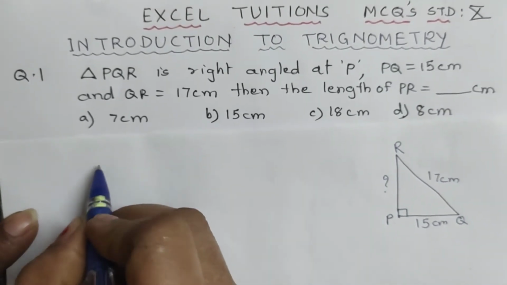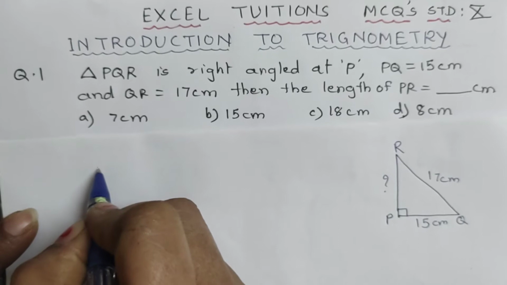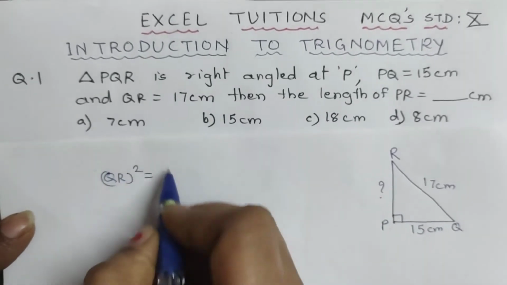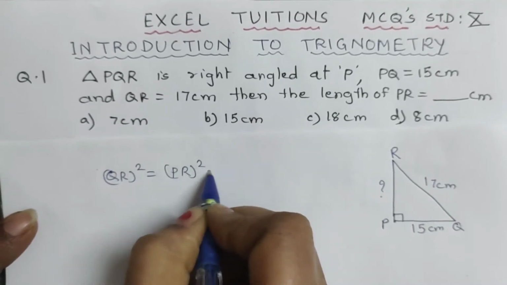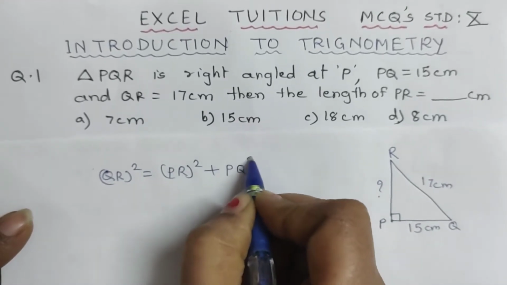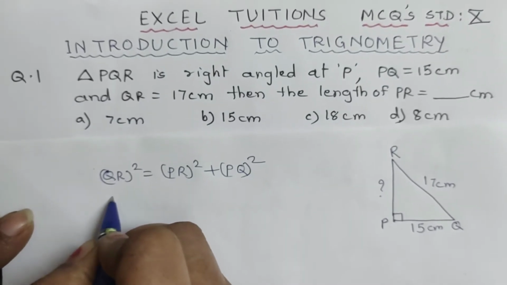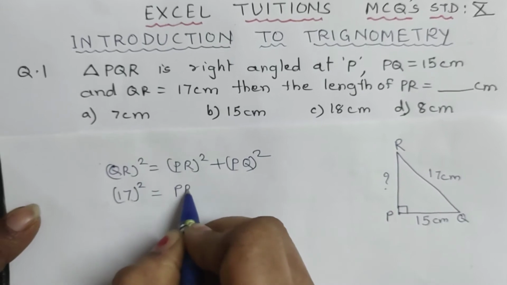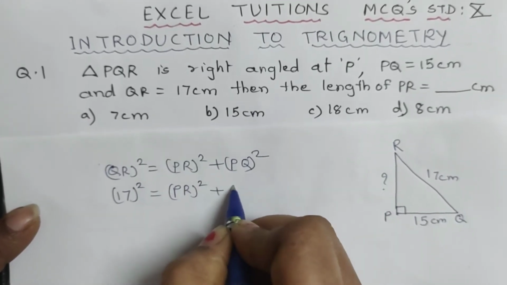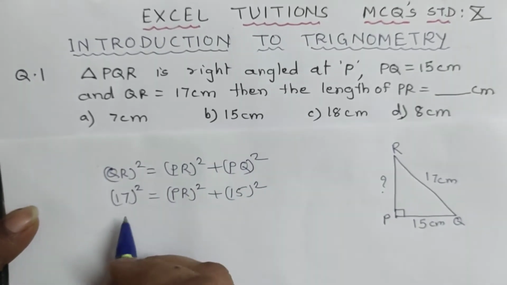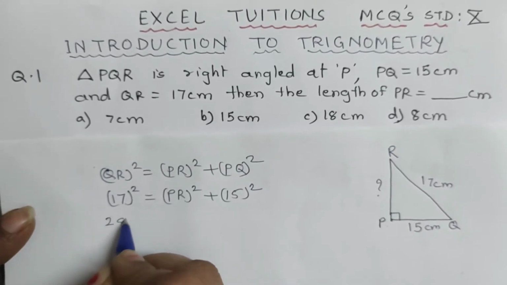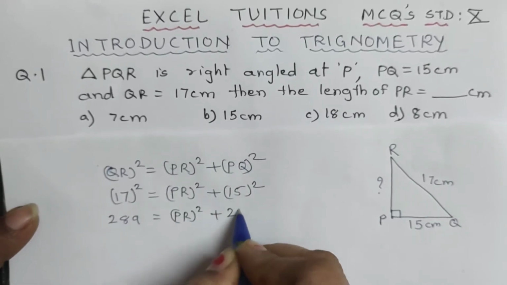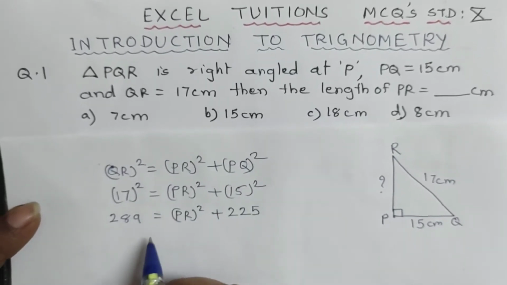So for this we have to apply the Pythagoras theorem. So hypotenuse square, that is QR square, is equal to PR square plus PQ square. So QR is given 17 square is equal to PR, which we have to find out, plus 15 square. Now 17 square is 289 is equal to PR square plus 15 square is 225.